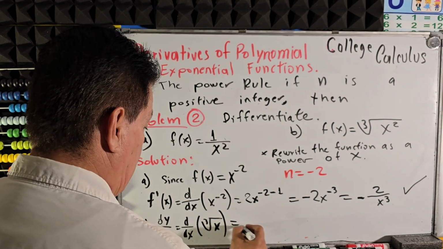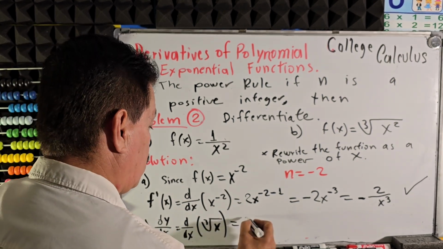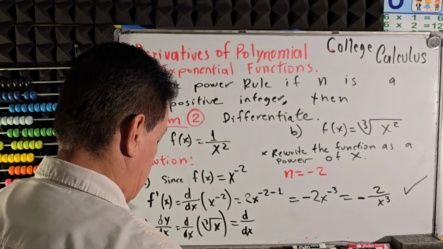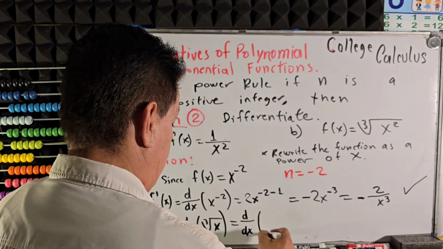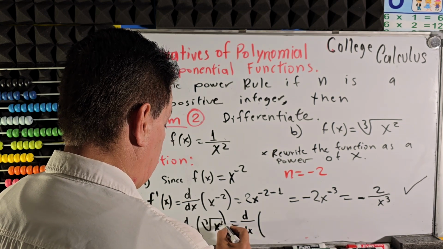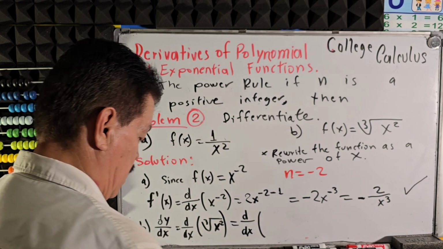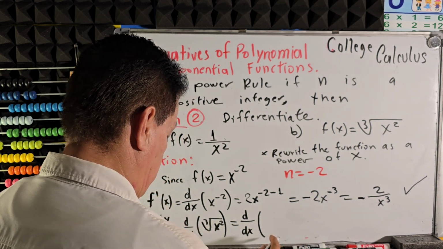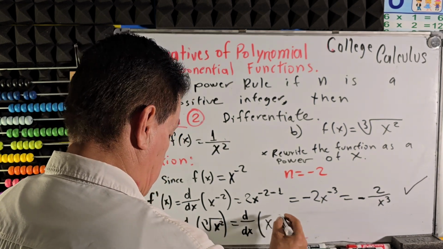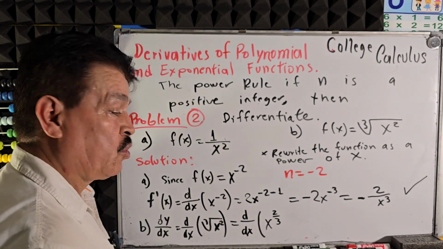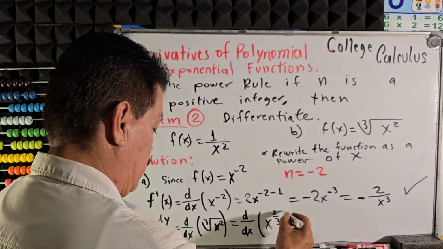Then we will have d divided by dx of x to the second power. Yeah, I made a mistake right there, missing the number. So here we will have x to the 2 to the third power exponent.